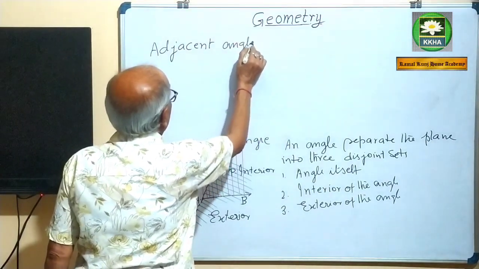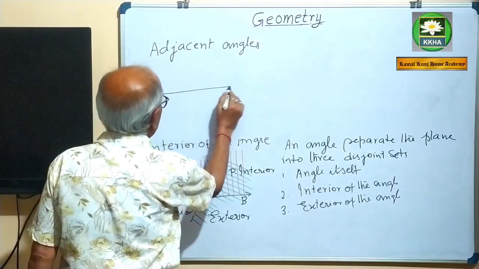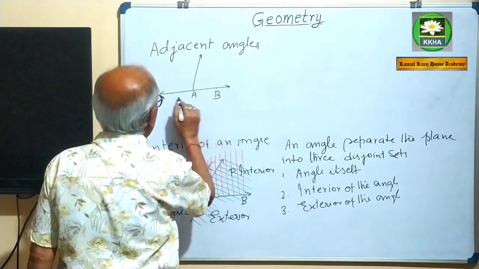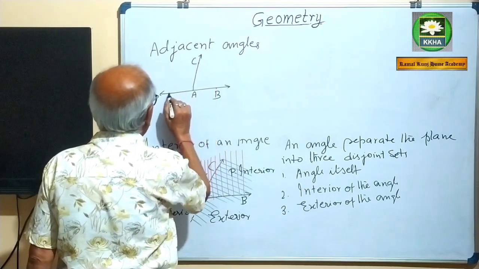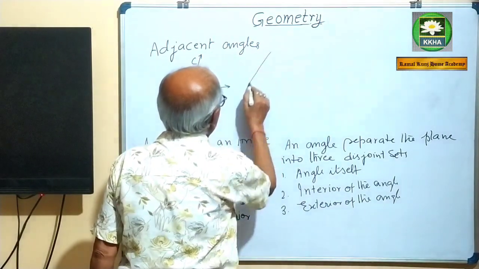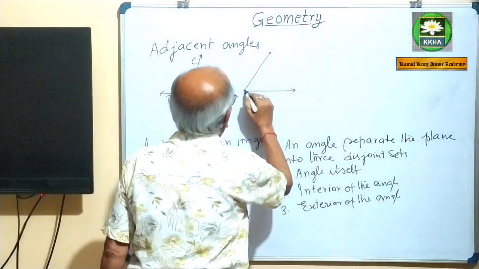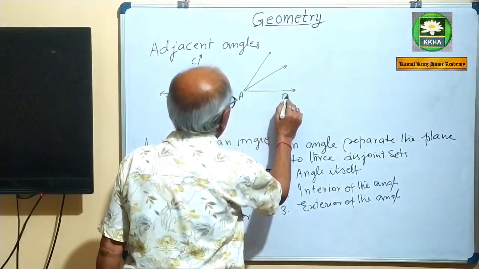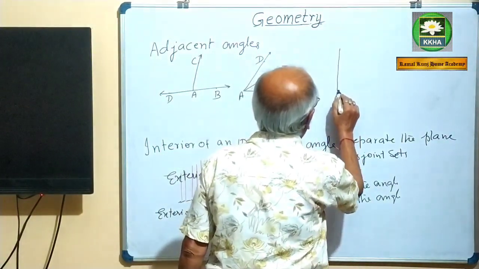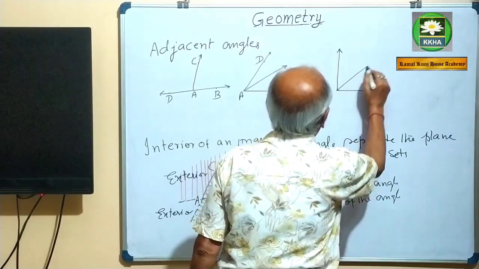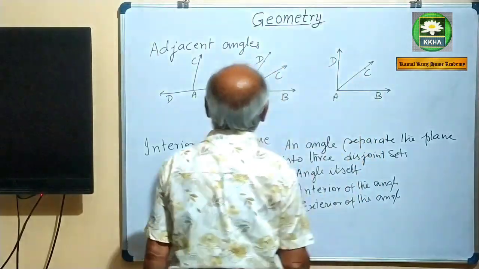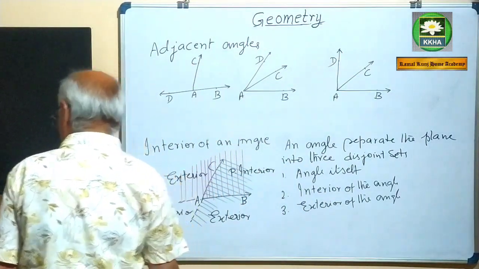Angles A, B, C and D. These are adjacent angles. So, what are the conditions for adjacent angles?